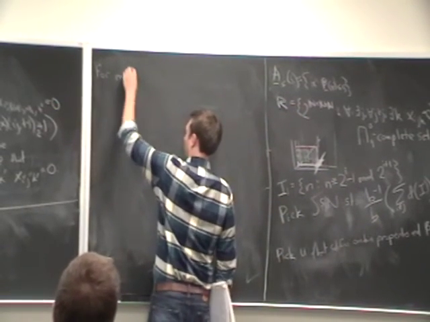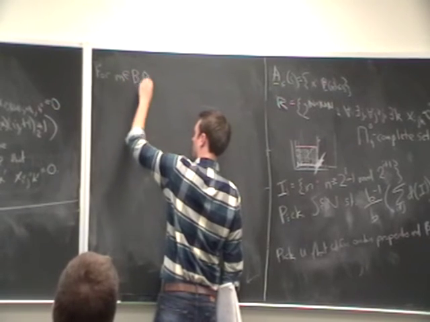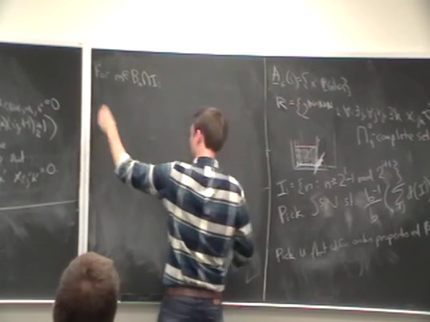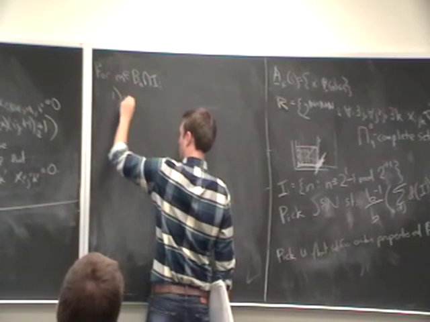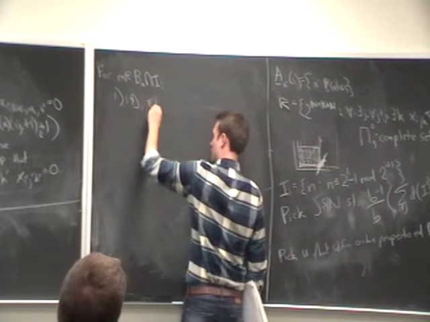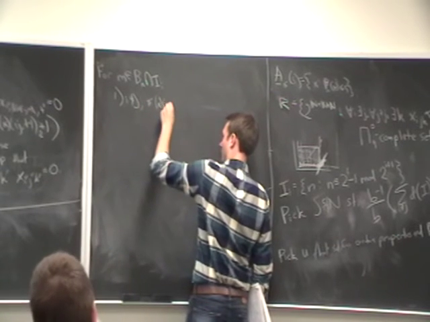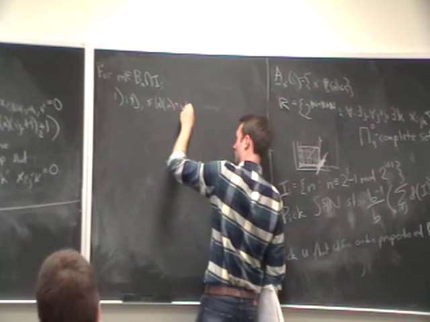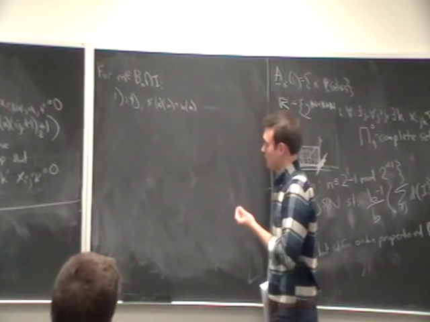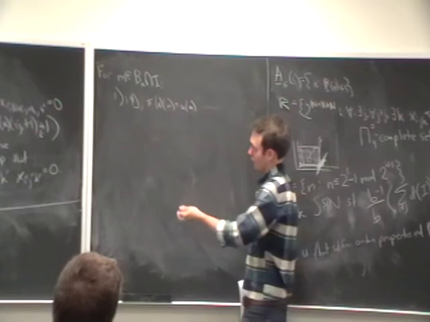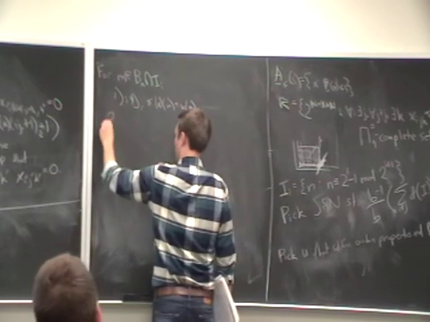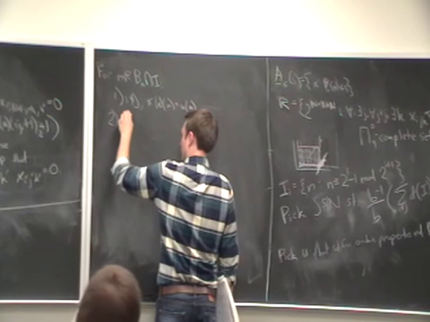So for m in b sub n intersect I sub i, we have the following four cases. One, if i is not in J, then we just define pi of x of m to be equal to the nth digit of u. So we just copy down the digits of u whenever we're on arithmetic progressions corresponding to elements not in J.